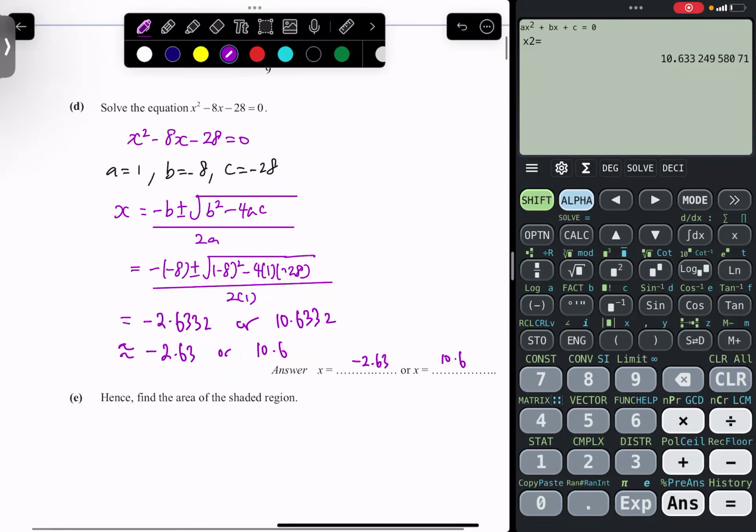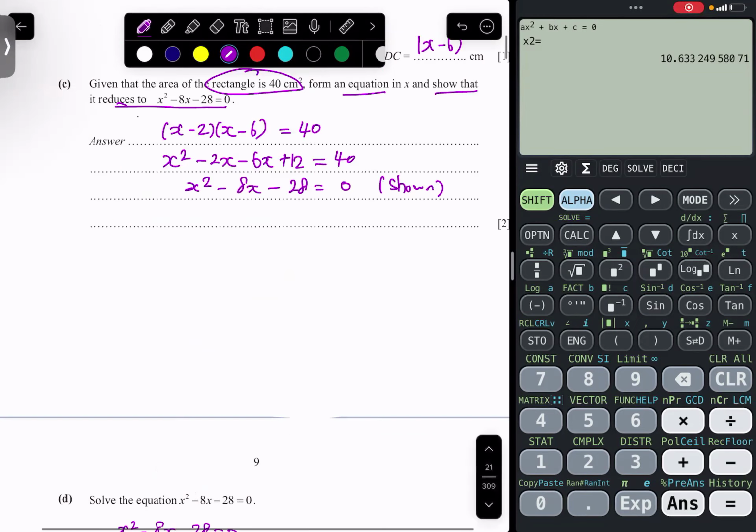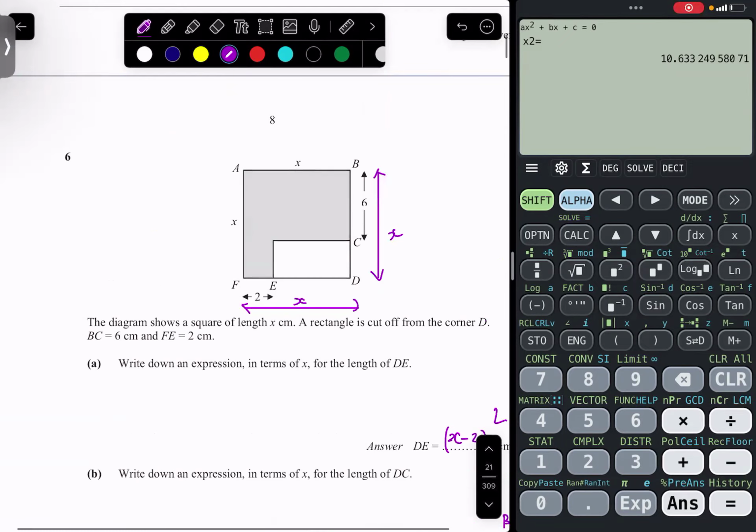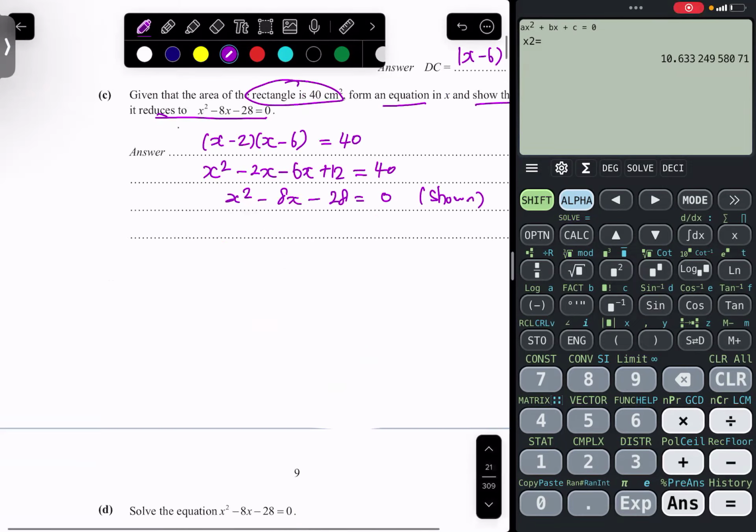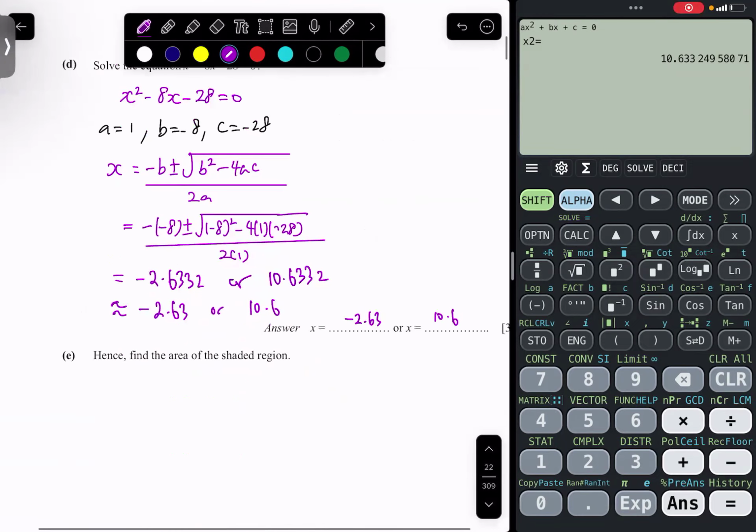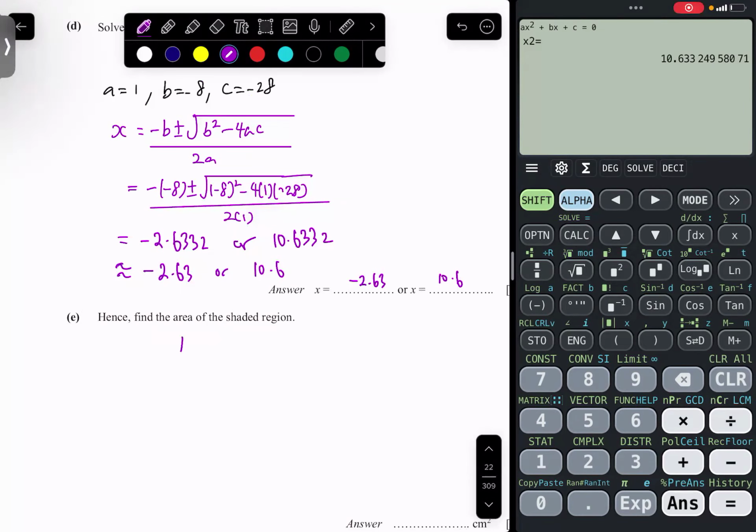Hence, find the area of the shaded region. The area of the shaded region will be, minus the area of the rectangle. Since we got the value of x, we know that it cannot be negative. So reject x equals negative 2.63.